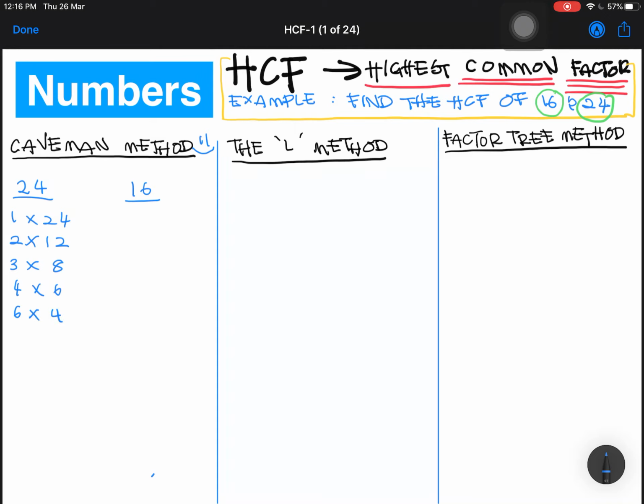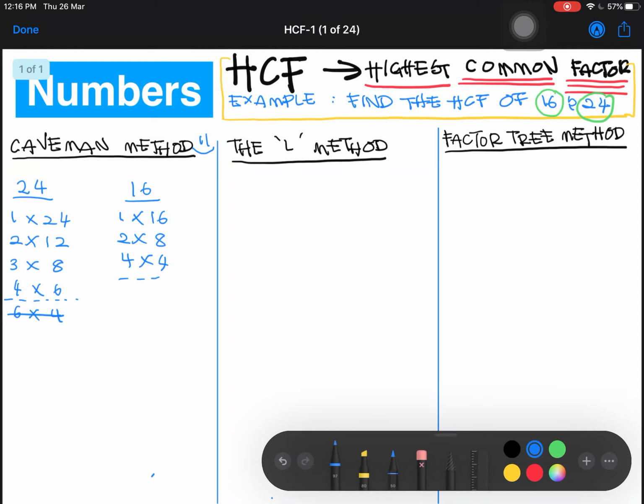The moment a pair of factors is repeated, it indicates that you've got to stop there. For 16, you have 1 times 16, 2 times 8, 4 times 4, and then 4 times 4 again. So that's it.